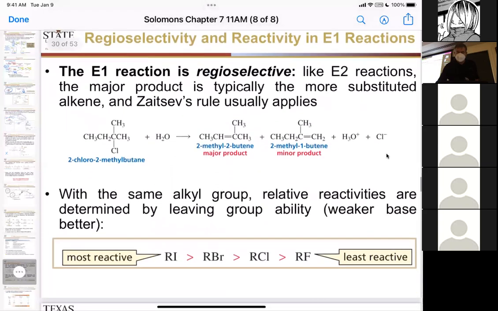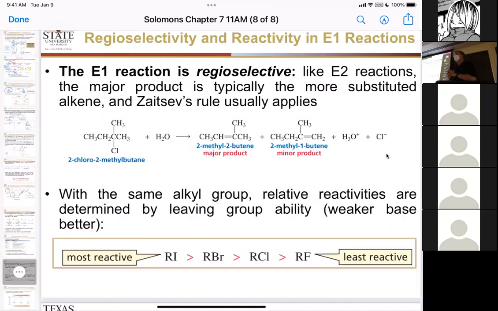Okay, so when we look at the E1 reaction, we form a carbocation. That's the first thing that happens, and then the base comes in and removes a hydrogen. So in that case, we probably need to think about the regioselectivity of this. And it turns out, because the more substituted alkene is more stable, we typically follow Zaitsev's rule.